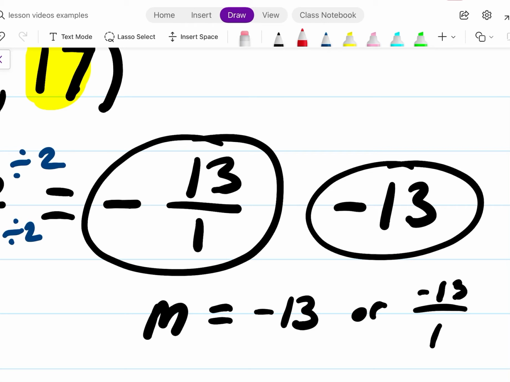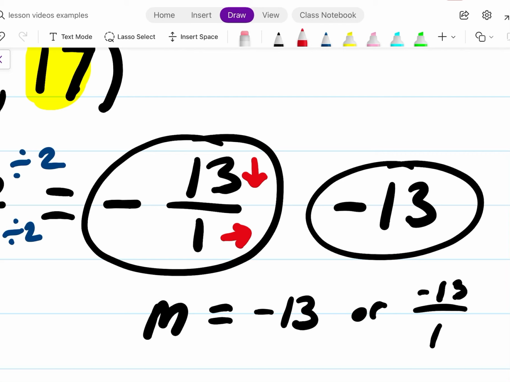So that means negative 13 over 1. That means you'll be going down 13 and right 1 as you graph this line on a coordinate plane. But all we did today was we had 2 points and we wanted to find out what the slope was.